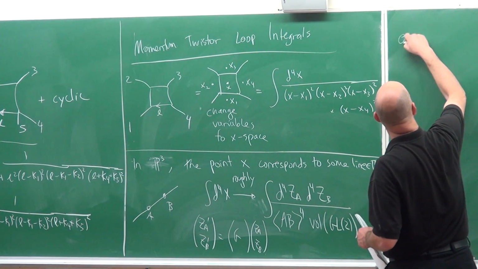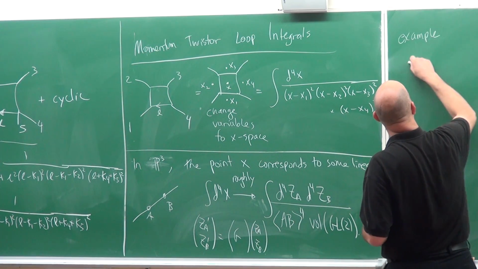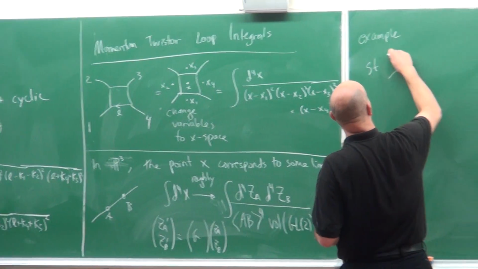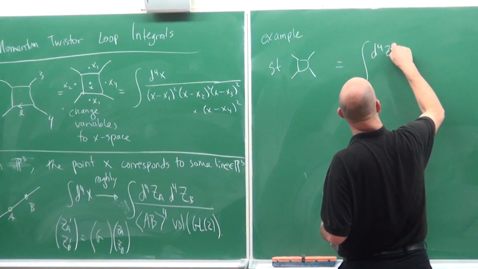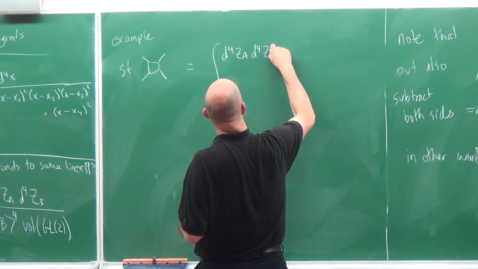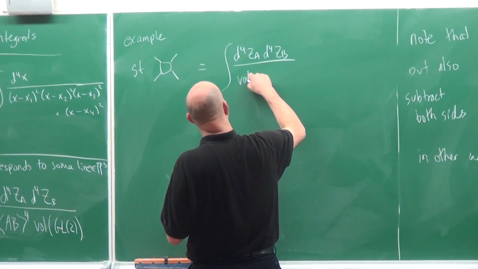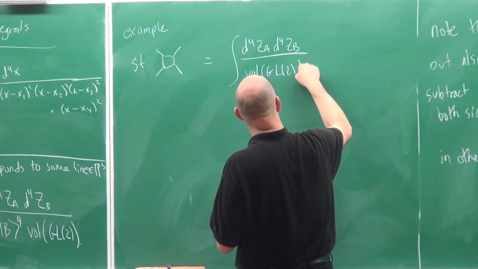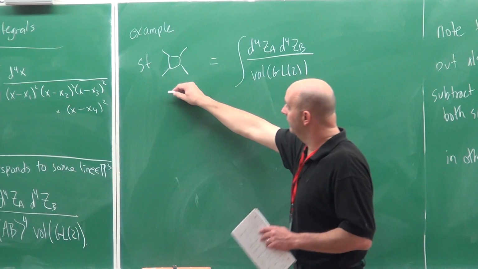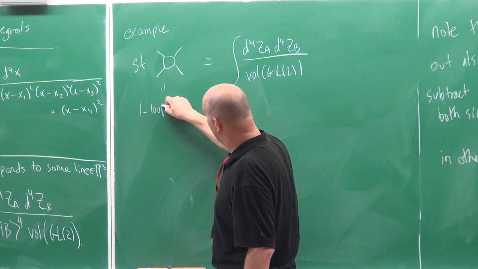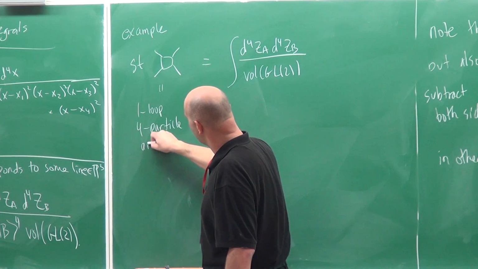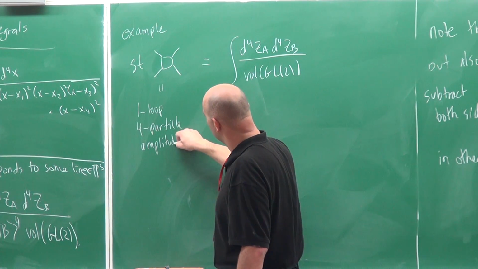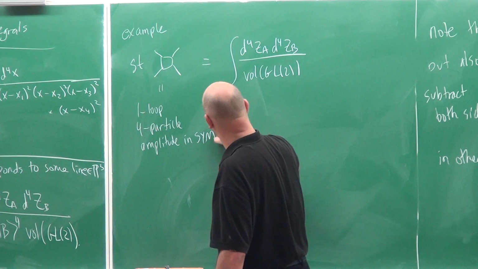So, for example, this scalar integral, you put all the factors. Remember that this was the one loop 4-particle amplitude in Super-Yang-Mills theory.